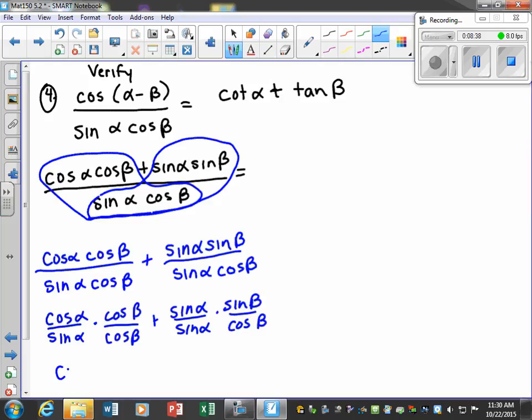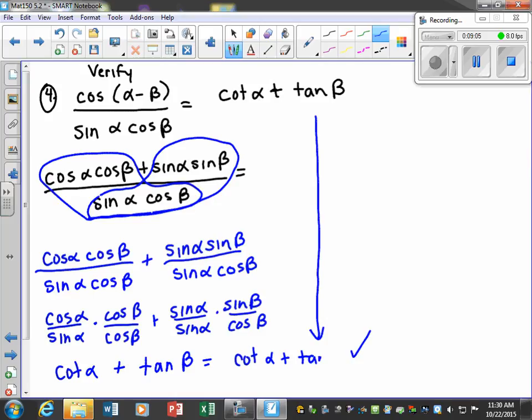Cotangent, right? Cotangent alpha. Cosine beta over cosine beta simplifies to just 1, which gives us this. And over here, sine alpha over sine alpha is just 1 times tangent of beta. And that's going to finish it.